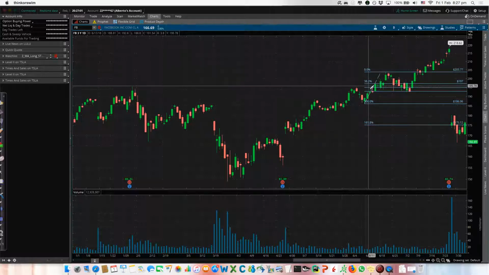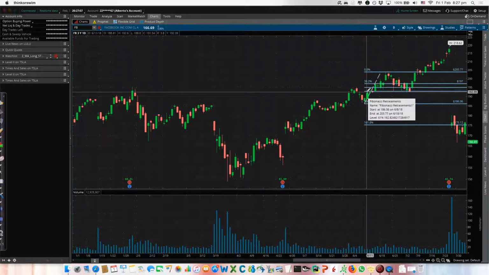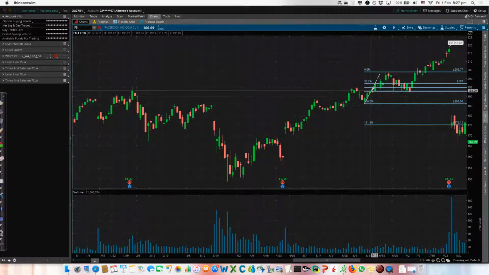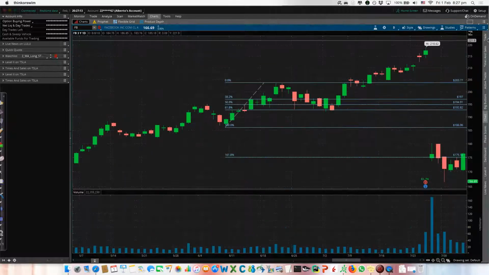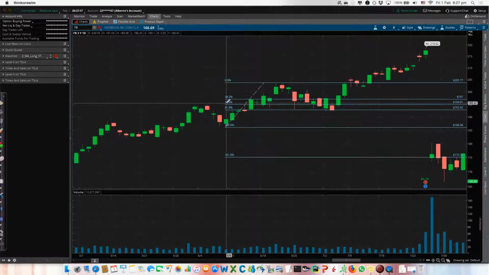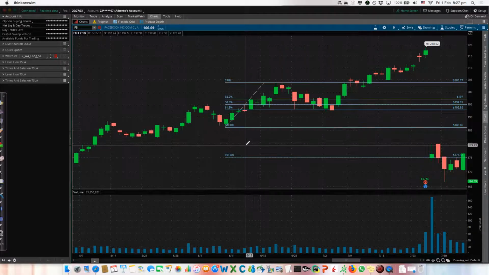And now you see these levels. Those are the levels we discussed before. 38.2, and this is the, if I zoom you will see, the 61.8. There is also the 50% level that is not a Fibonacci number, but is also used in this kind of technique.